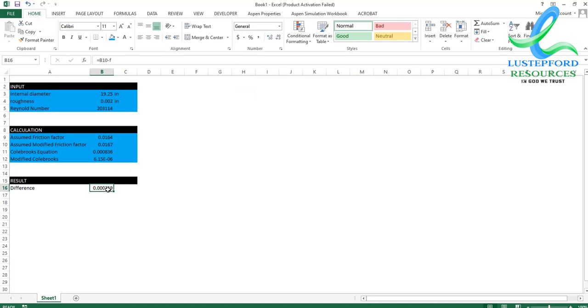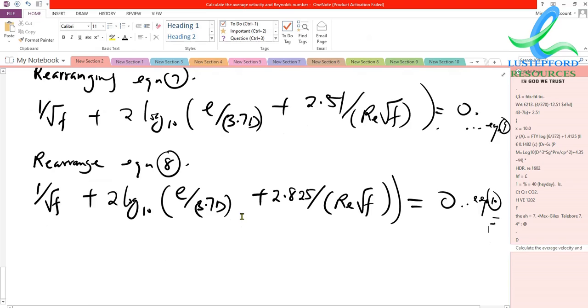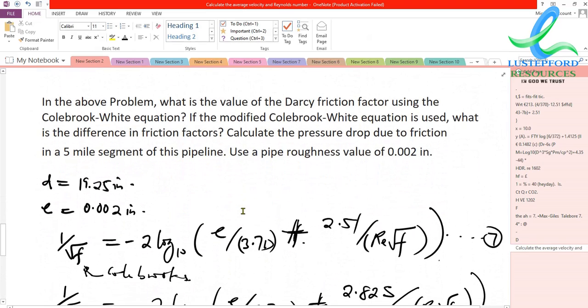And the difference is this, because that is what they want us to calculate. They want us to calculate the difference in friction factors.